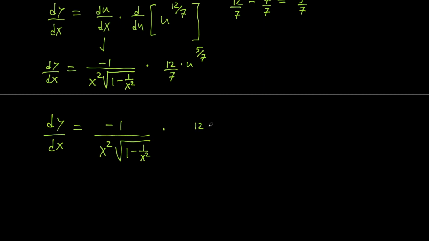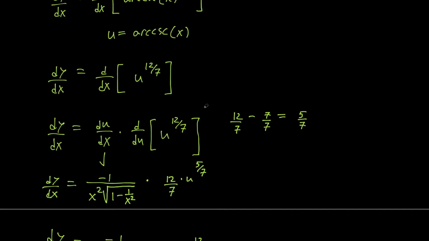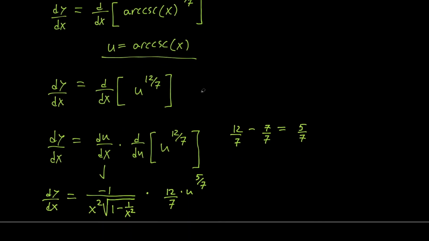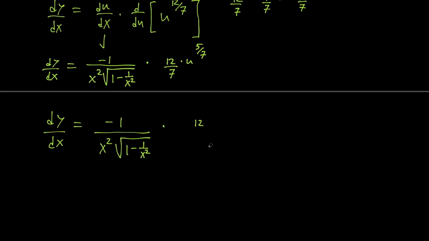U is equal to arc cosecant of x, like we set up top right here. So we have 12 times arc cosecant of x to the 5 sevenths all over 7.